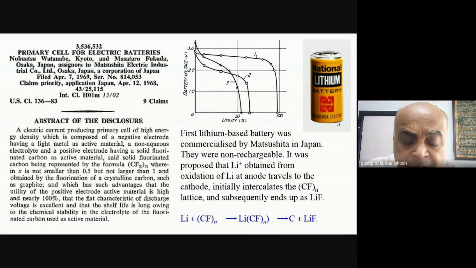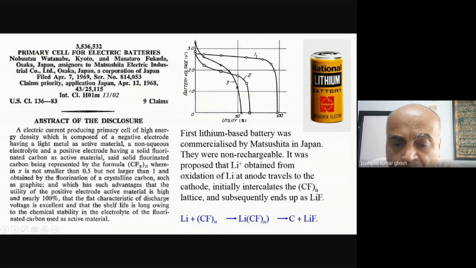So what they did was something extremely clever. They took carbon, okay, like graphite, and they fluorinated the graphite. And then what happened was that at the anode, lithium went to lithium plus and released an electron which flowed in the external circuit, came to the cathode.